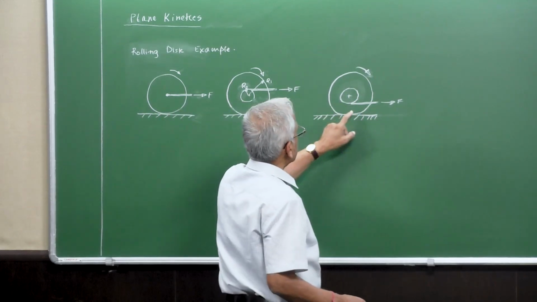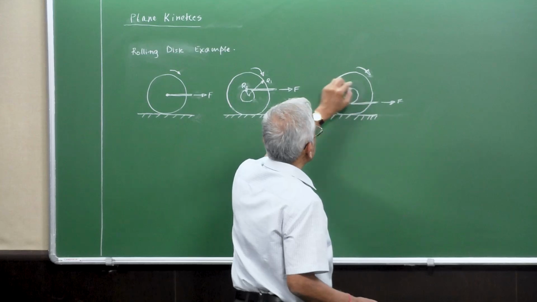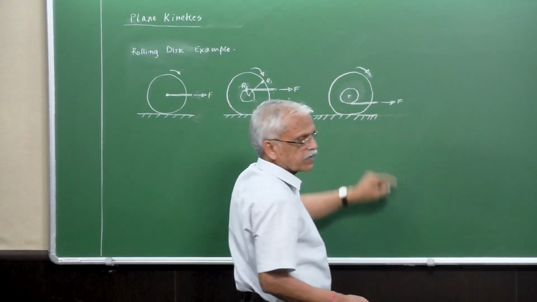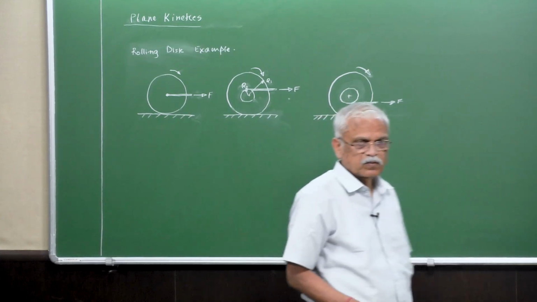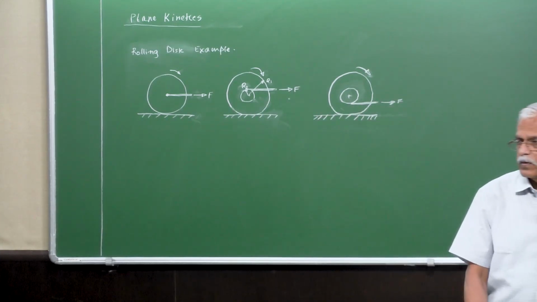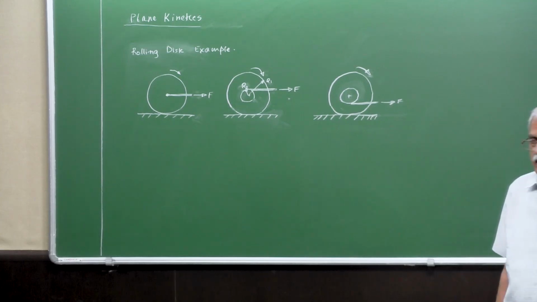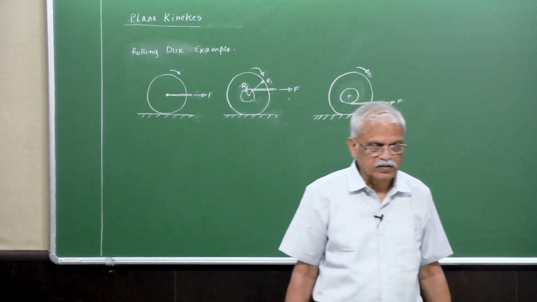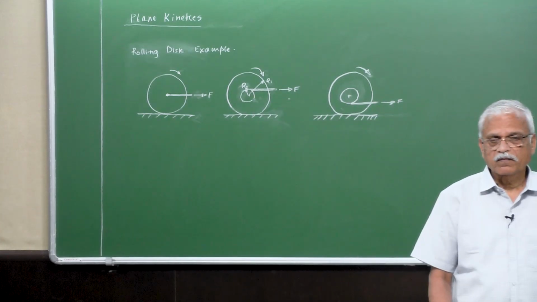A similar one here, exactly. Only thing is that the rope or the wire which is wound around, you try to pull from the bottom. So both are possible. Each is an independent analysis. I mean, the results are quite different from each other.